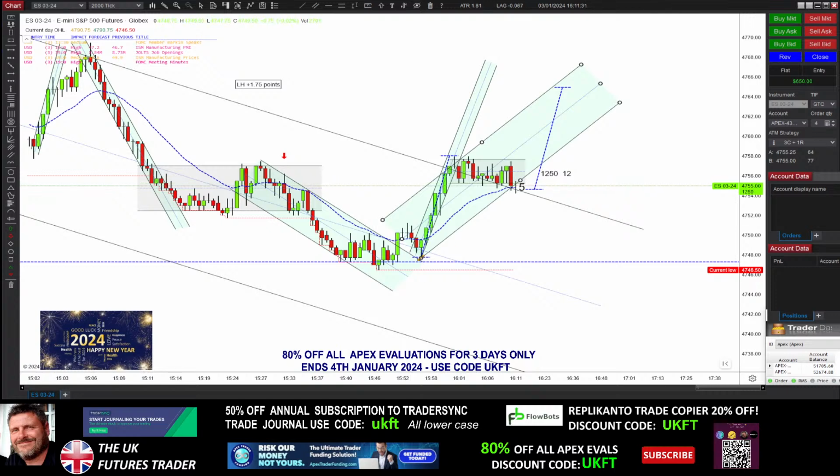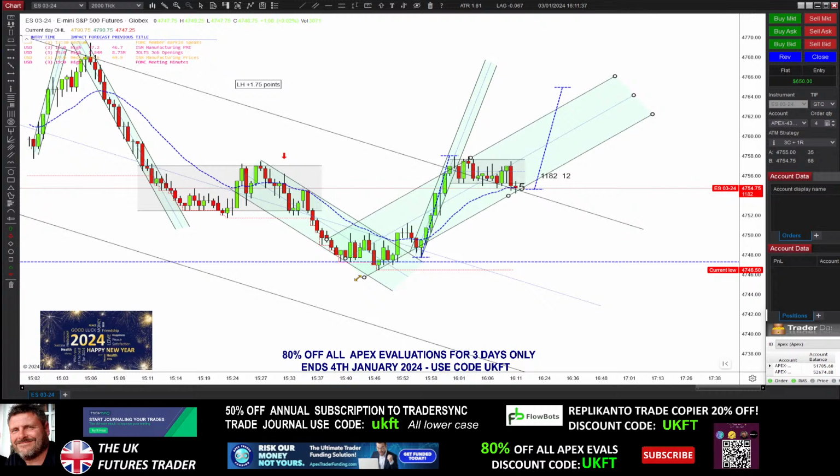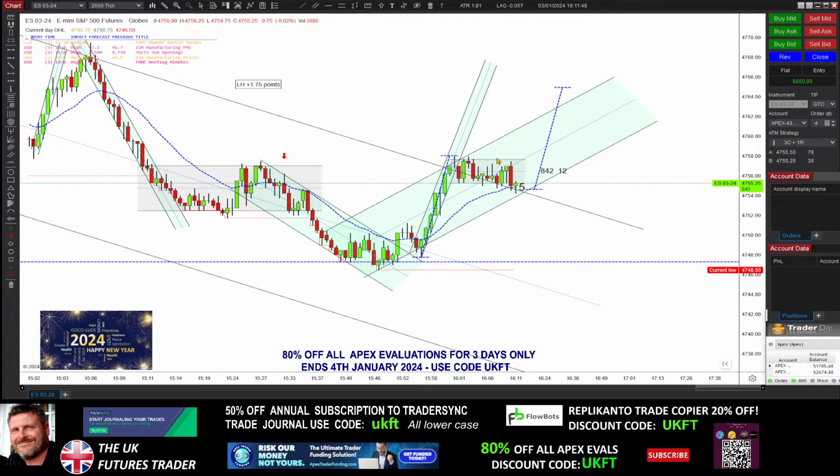So what I think here is I'm just wondering whether there is going to be some type of a leg.